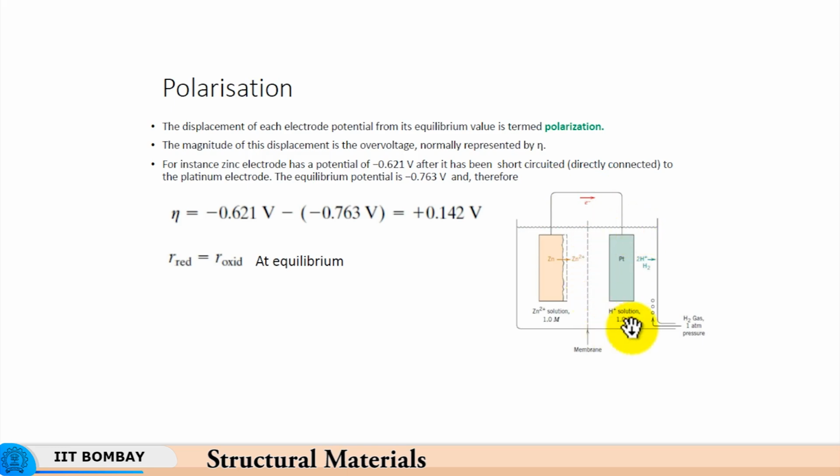So this platinum together with hydrogen, basically a hydrogen electrode, acts as a cathode, and the electrons go from here to there, and then the hydrogen ions get reduced to hydrogen gas, whereas here zinc is getting oxidized to zinc 2 plus ions.